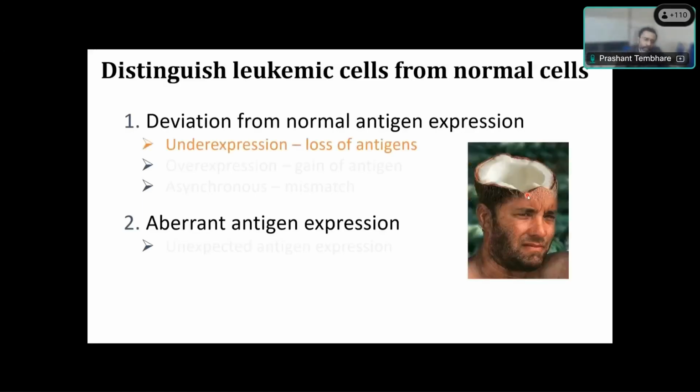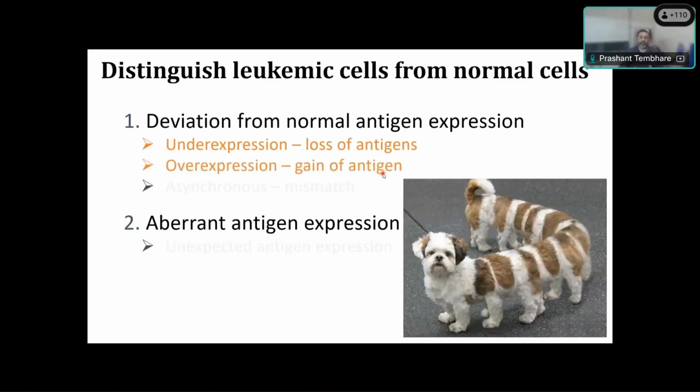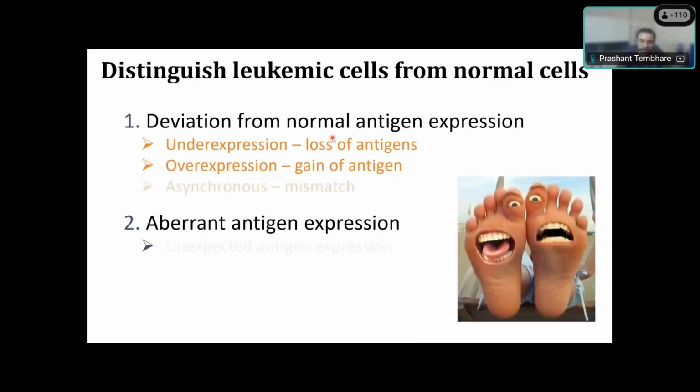So when you say deviation, there is under-expression, loss of antigen, as represented in this figure: something which should be there is lost. The second is overexpression. We know there should be 4 legs, but if there are 16 legs, that is overexpression. The quantity of antigen is abnormally increased in intensity. The third one is asynchronous mismatch.